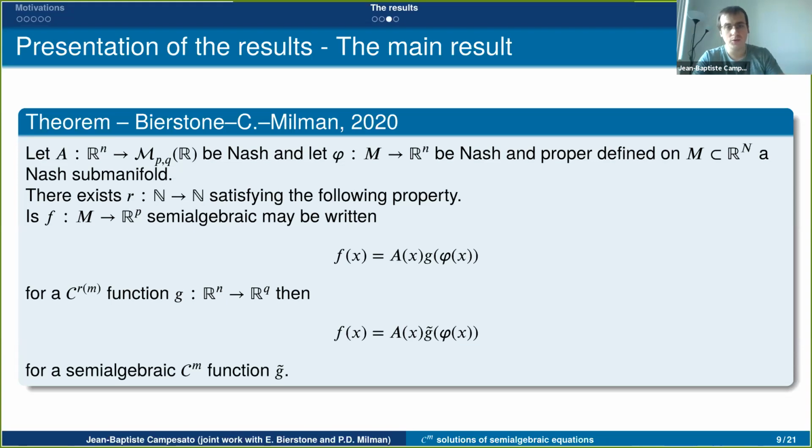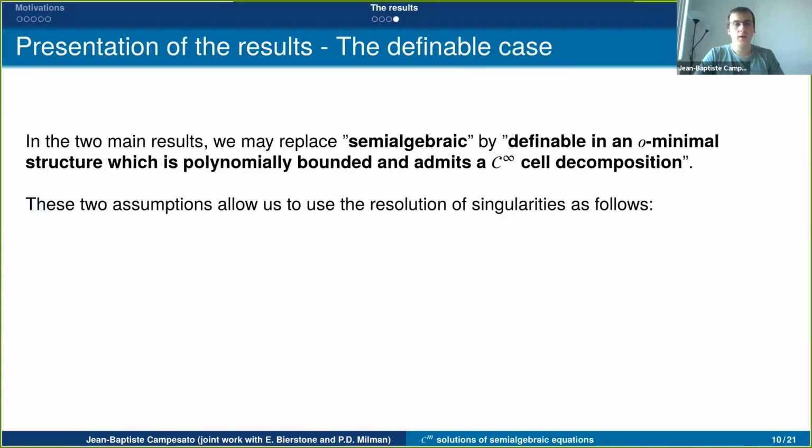And before that, I just would like to say a few words about how general our results are. So actually, for conciseness, I stated the results in the semi-algebraic setting, but our results and proofs hold more generally if you assume that the involved objects are definable in a minimal structure, which is polynomially bounded and which admits C-infinity cell decomposition.